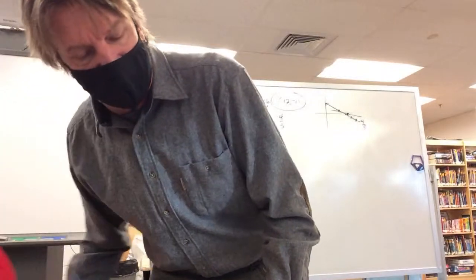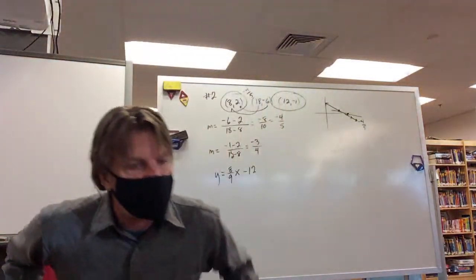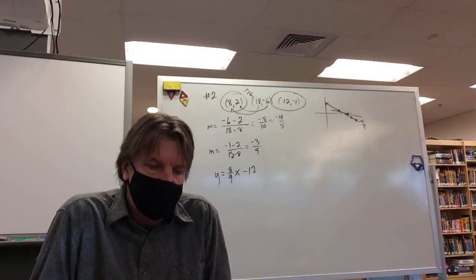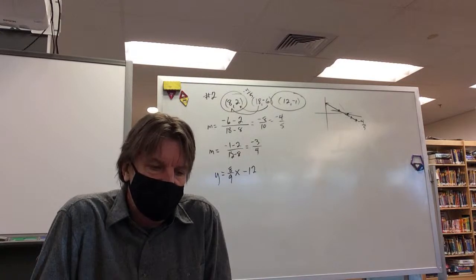This was one I know a lot of us struggled with on the quiz. This is the type of problem, at least. It says at 8 o'clock it's 58, and it's going to rise 3 degrees every hour until 4.